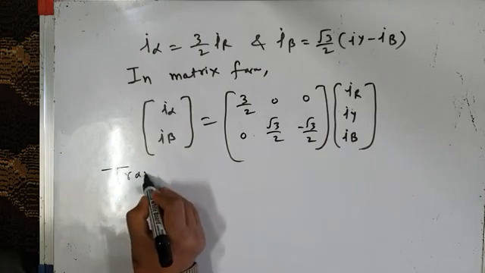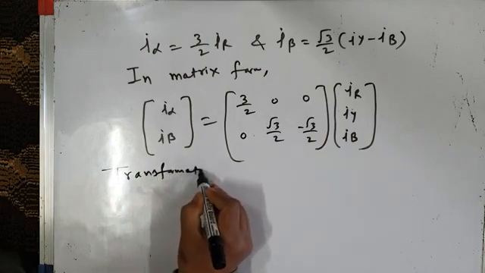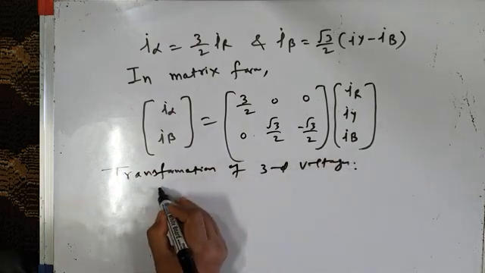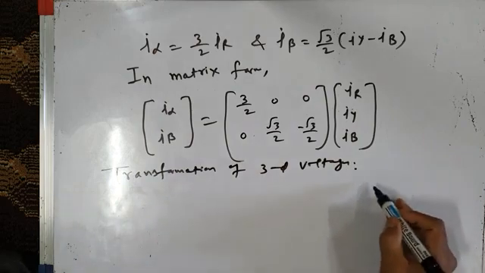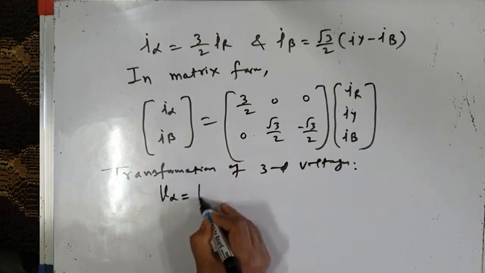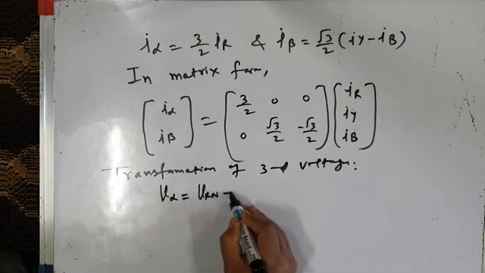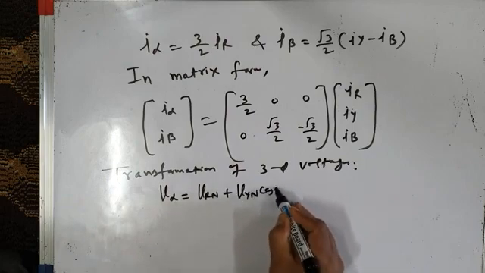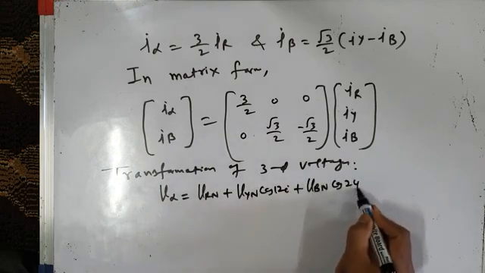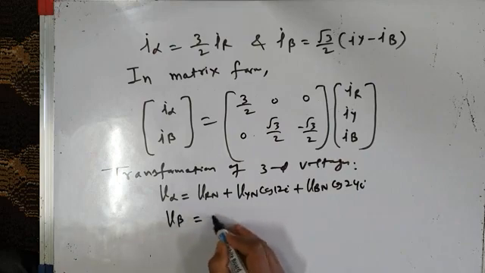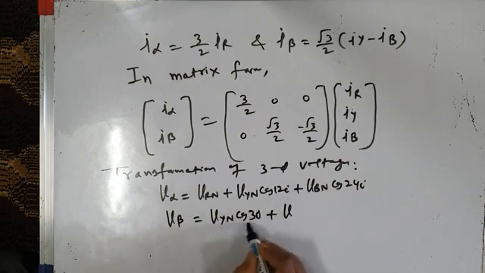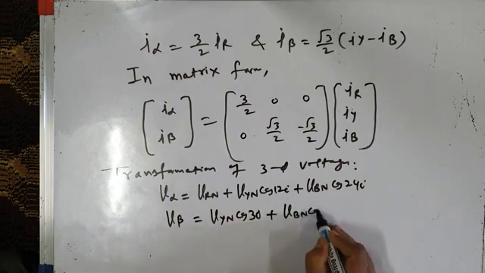Now, for the transformation of three-phase voltages into equivalent two-phase voltages, in a similar way I will write the equation: V alpha is equal to Vrn, the phase voltage, plus Vyn cos 120 degrees plus Vbn cos 240 degrees, and V beta will be equal to Vyn cos 30 degrees plus Vbn cos 150 degrees.